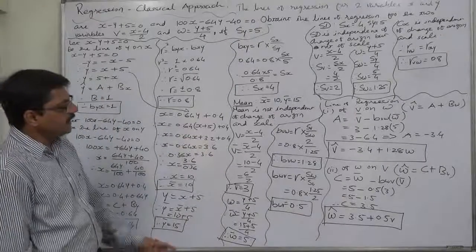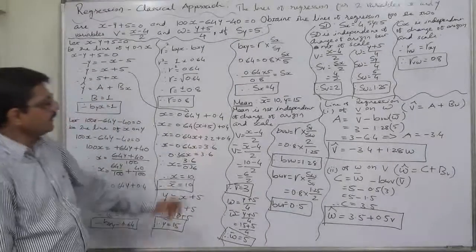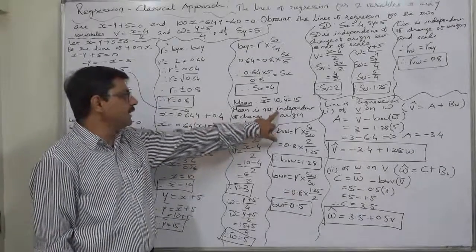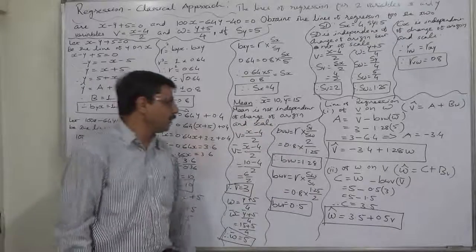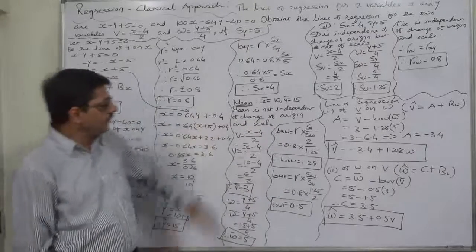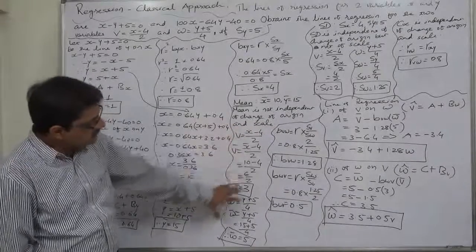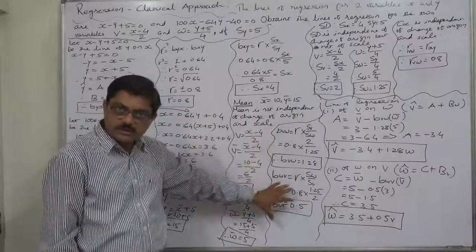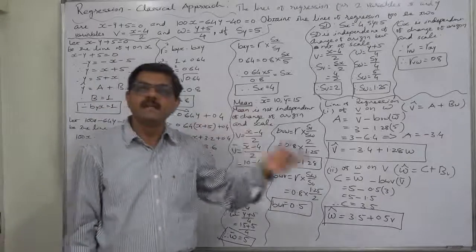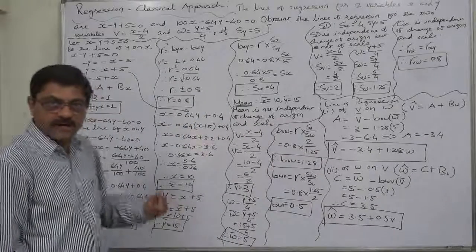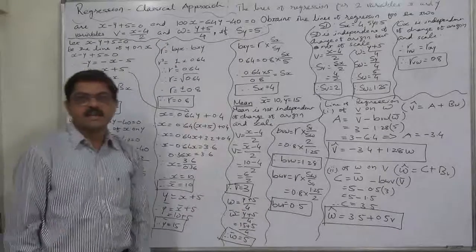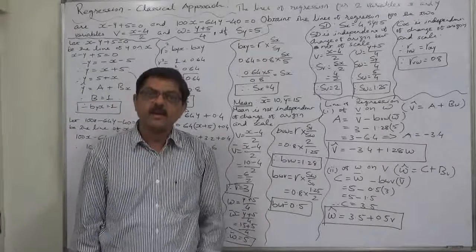Only after taking into consideration the property relevant to the independence of change of origin and scale, we found everything: mean, standard deviations, coefficient of correlation, coefficients of regression for the new variables V and W, where V and W are respectively the results of change of origin and scale in X and Y.